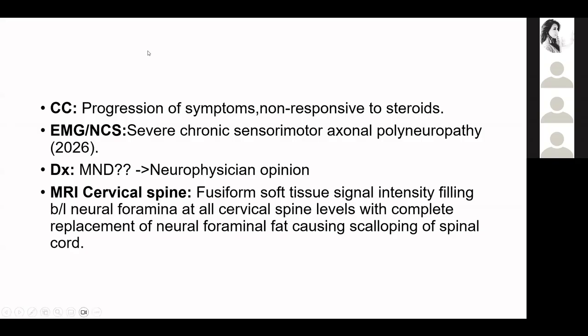We got another EMG NCS done by the neurology, and it showed severe chronic sensory motor axonal polyneuropathy. We were actually doubtful that he had motor neuron disease, so we sought a neurophysician opinion. He got an MRI, which showed a kind of a fusiform soft tissue lesion.